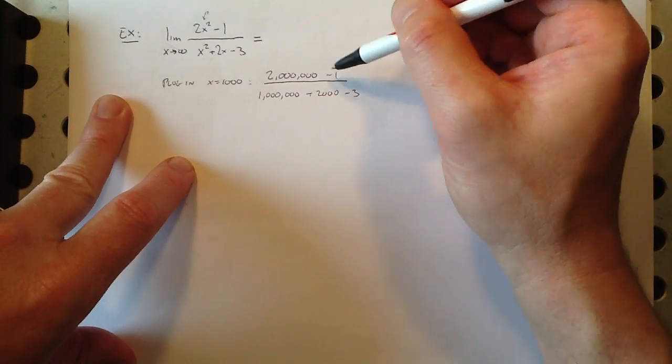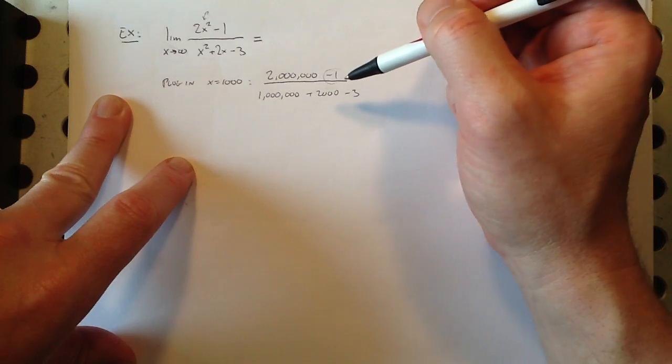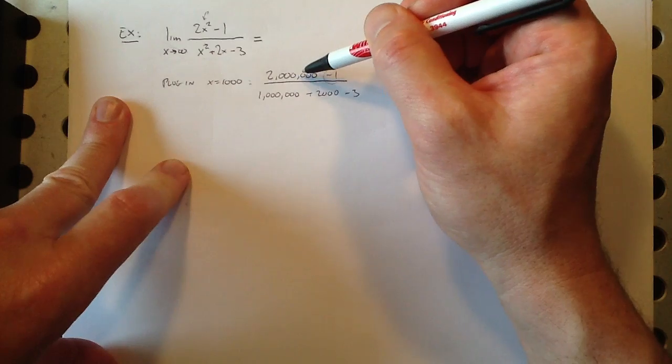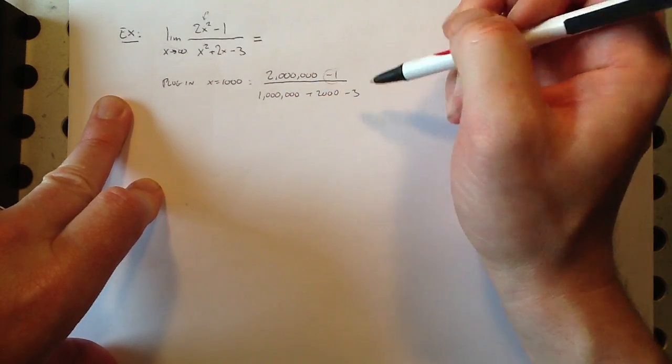Now, it should be pretty clear that this minus 1 really doesn't make much of an impact on 2,000,000. So 2,000,000 minus 1, sure, it's 1,999,999, but that's close enough to 2,000,000. It's hardly different from that.